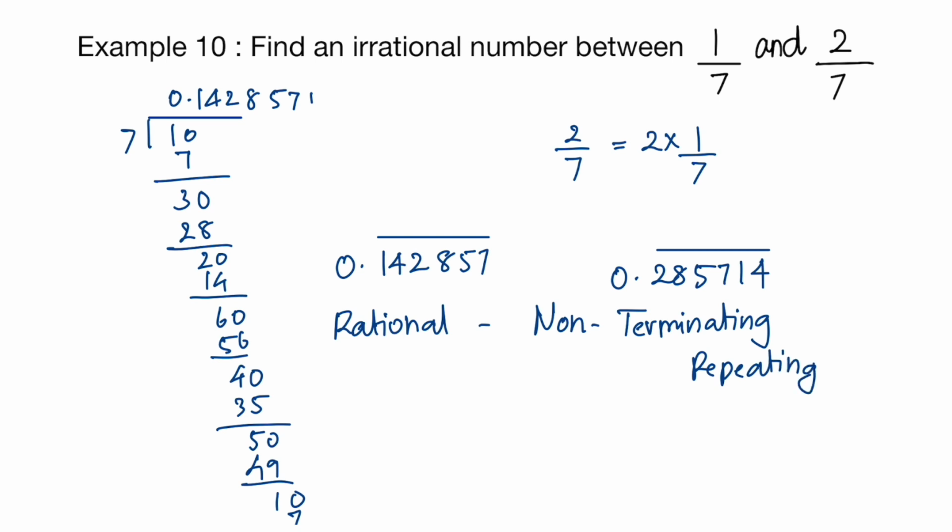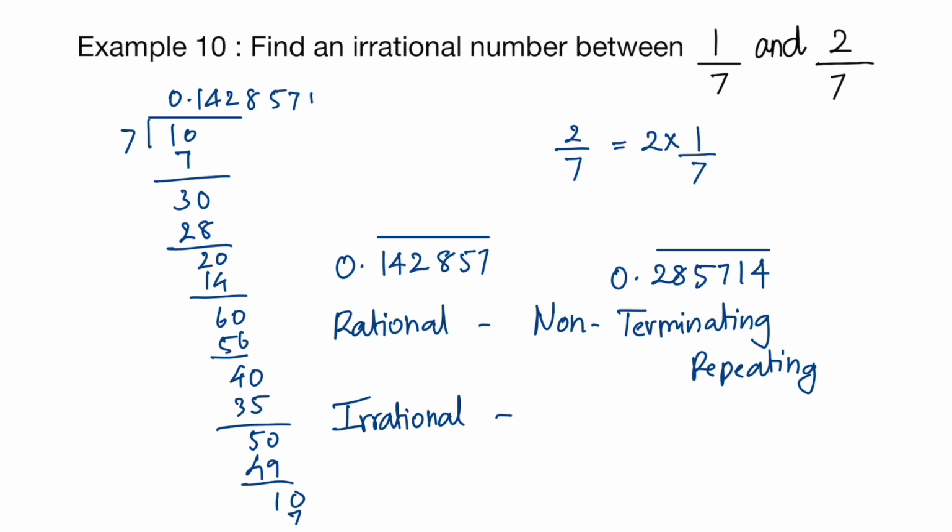So with this definition, can you define irrational numbers? Irrational numbers, when expressed in decimal expansion, they are non-terminating and non-repeating.